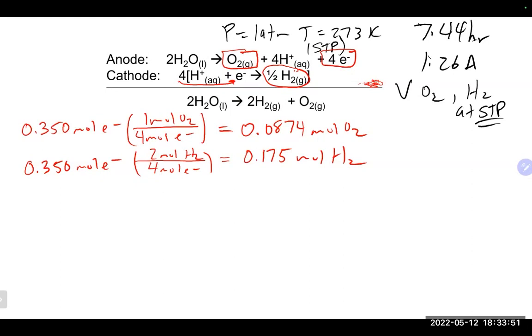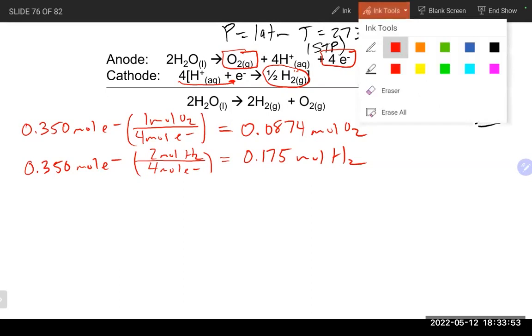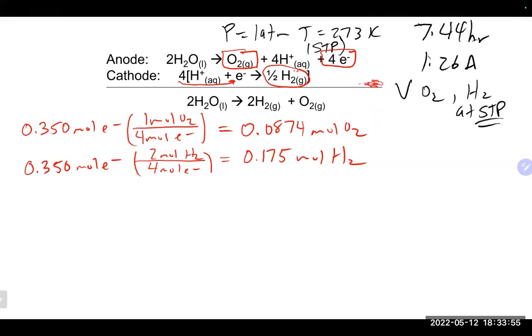At this point, we should probably go into our ideal gas law since we are looking for a volume. Now that we have moles for each of those, and obviously we always have R, we could do PV equals nRT. We'll do it for the oxygen here.